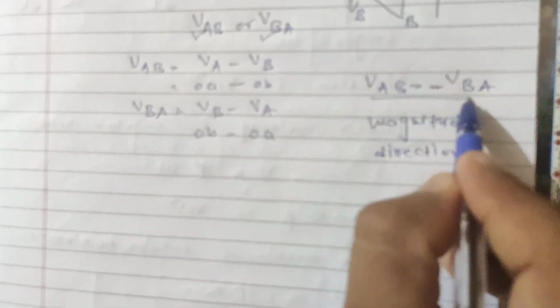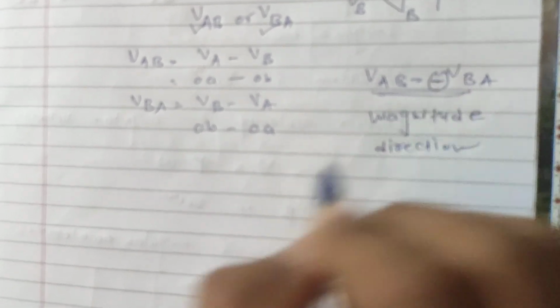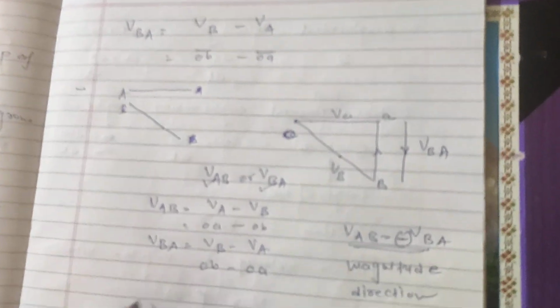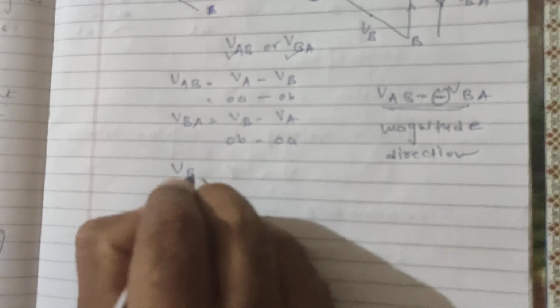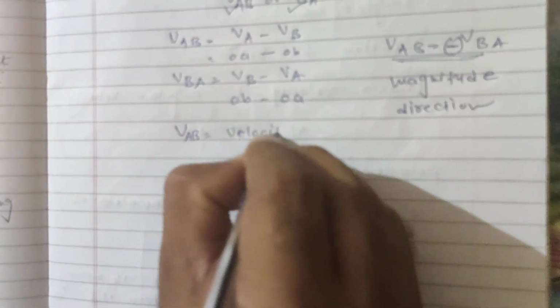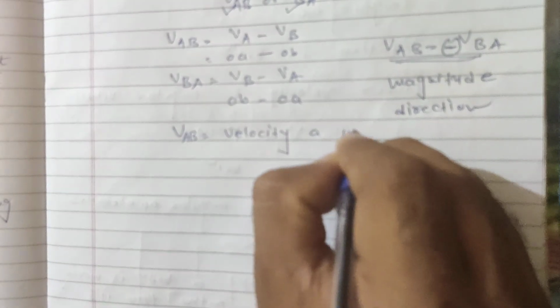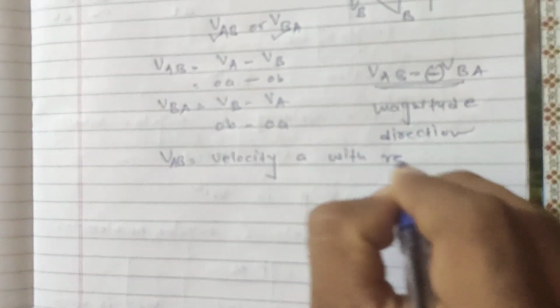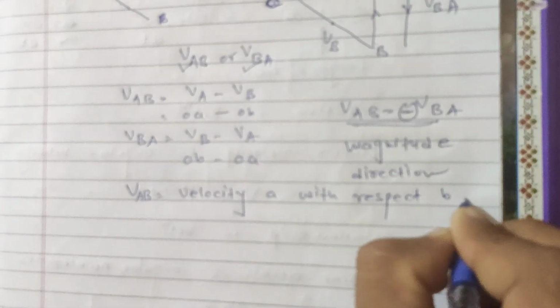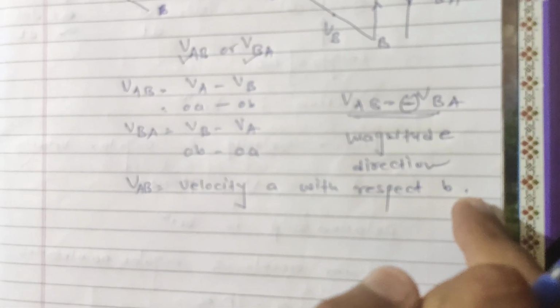They are the same in magnitude but the direction is opposite. One more point you have to remember always: VAB is equal to the velocity of A with respect to B.